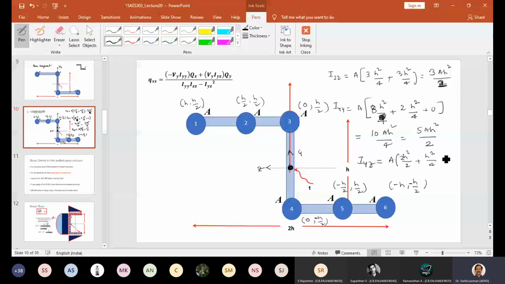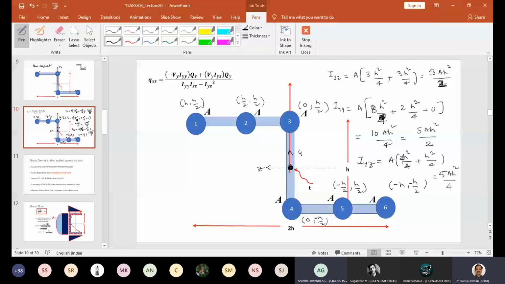So 4, 4 again is coming as 5A h square by 4. Is this right? 5A h square by 4, isn't it?